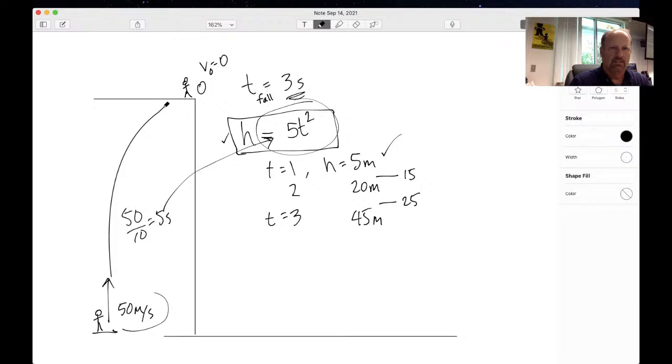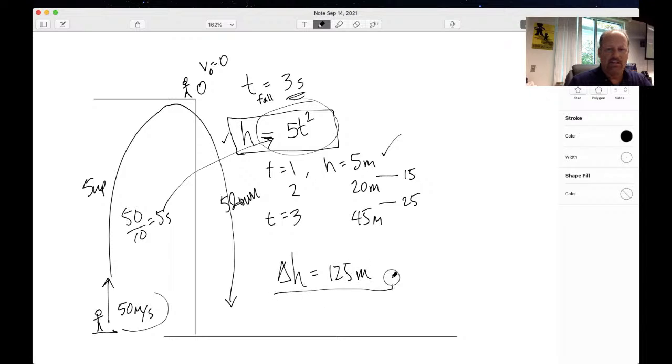So 5 up, 5 down. For a 5-second drop, 5t squared, 5 times 5 is 25 times 5 is 125 meters. So the height that it goes to is 125 meters.